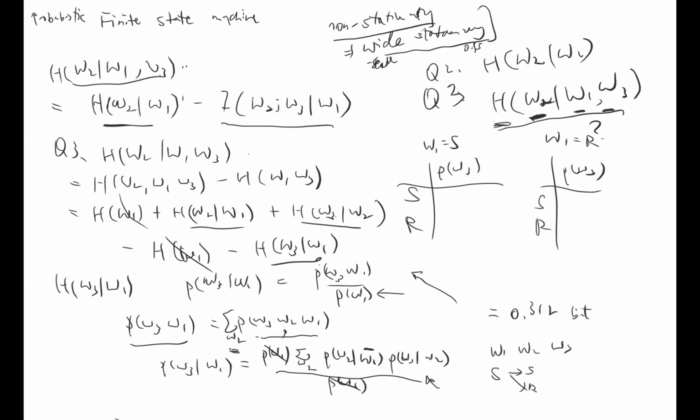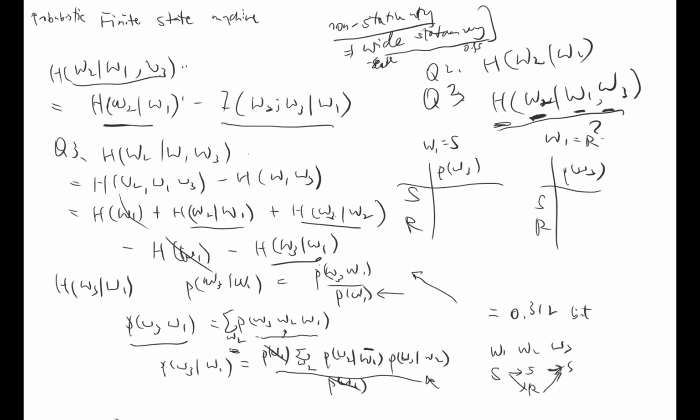Then I may end up sunny again on the third day. Another path is that I'm rainy on the second day, and then it turns back to sunny on the third day.